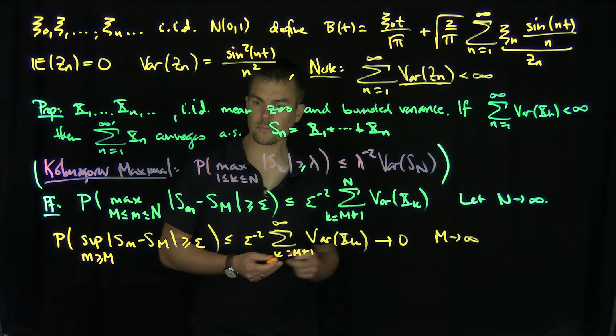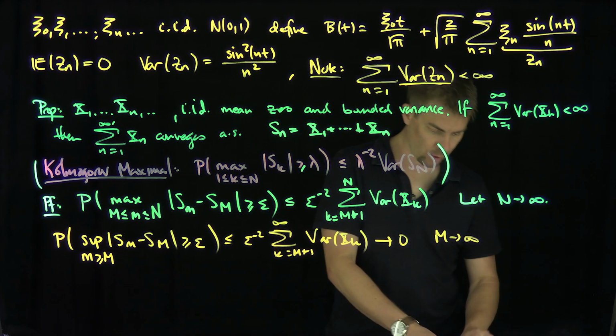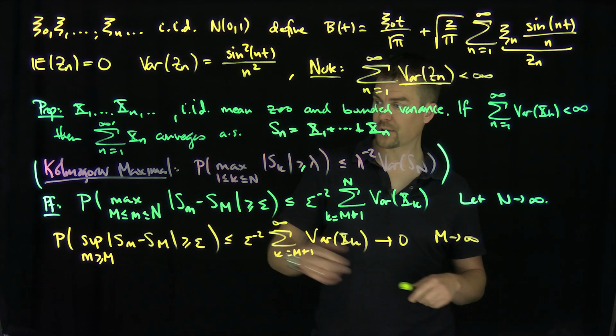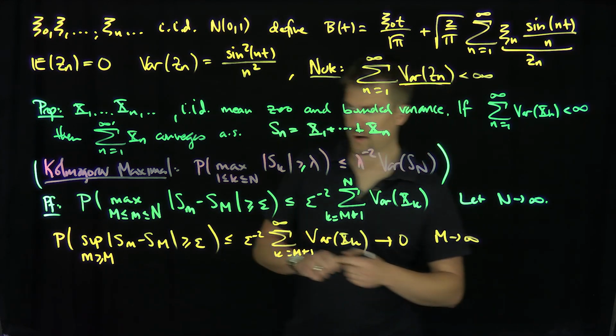Okay? Now, the final step, I want to prove this is Cauchy, right? So I'd like to show that my sequence of partial sums is Cauchy. So to do that, what do we do?